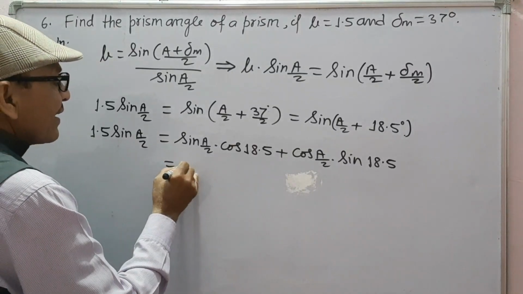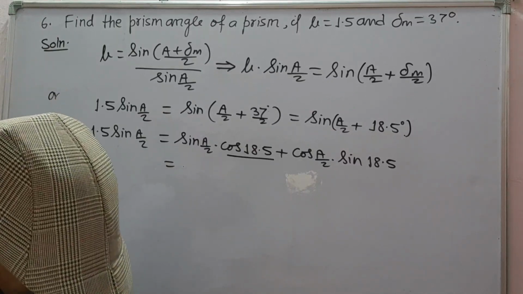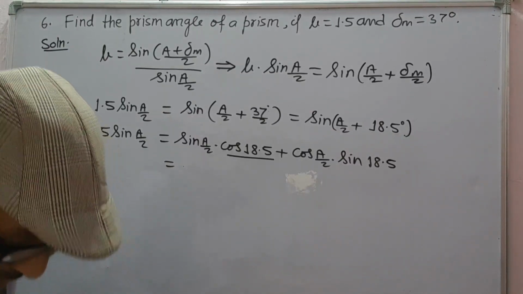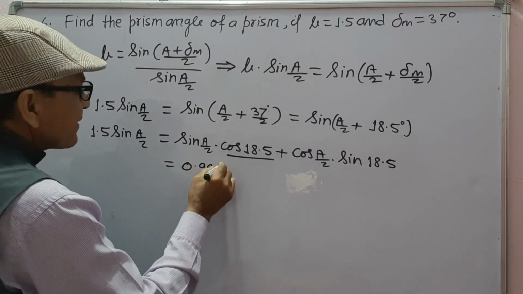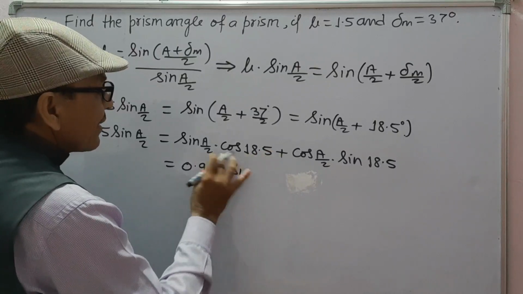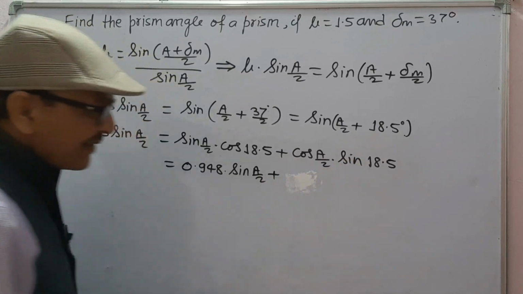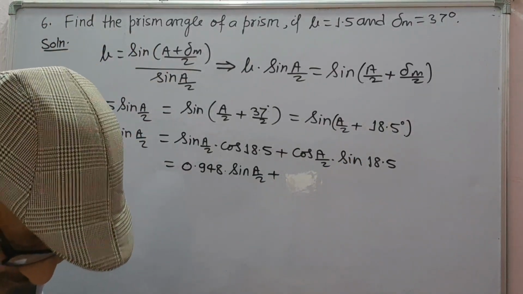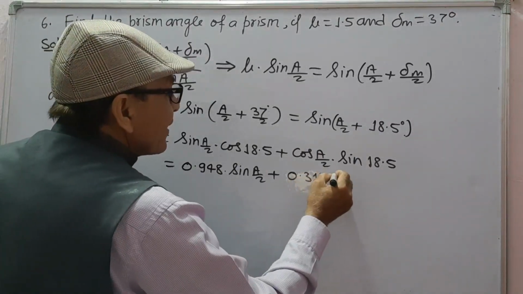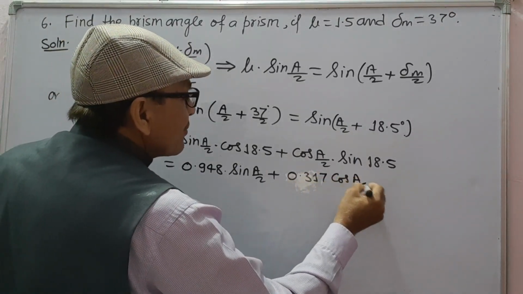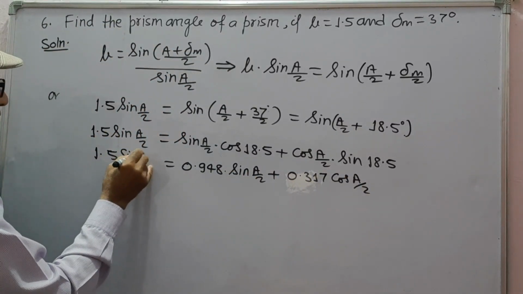This gives cos 18.5 as 0.948, so this is 0.948 into sin A by 2, and sin 18.5 gives 0.317, 0.317 into cos A by 2.